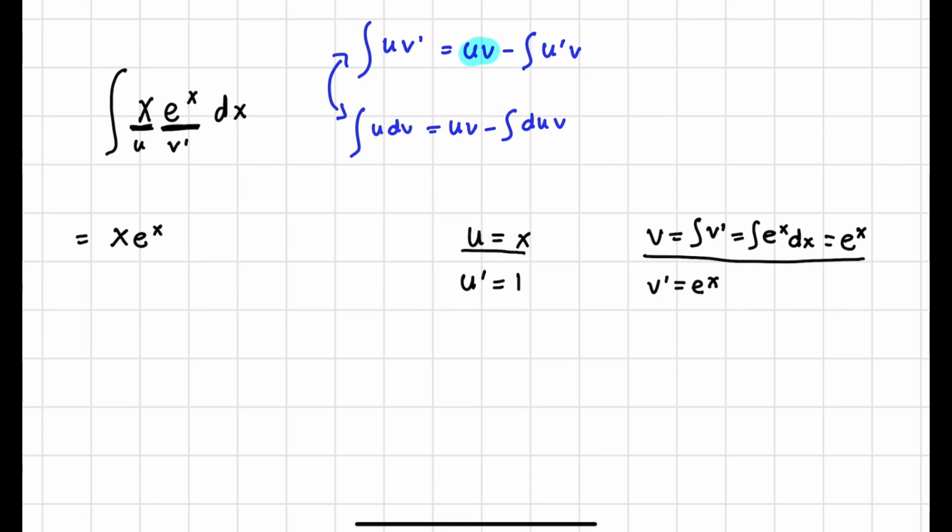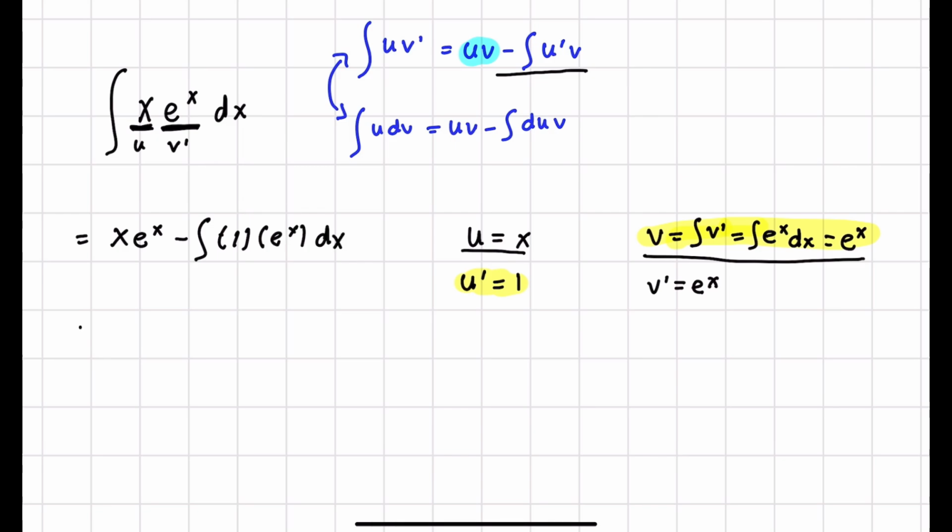And now the second part of this is minus the integral of u prime times v, which is essentially 1 times e to the x.